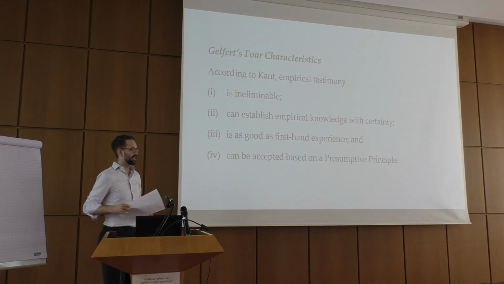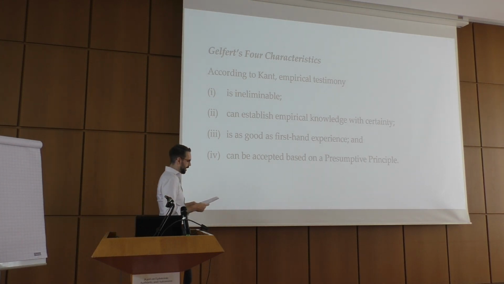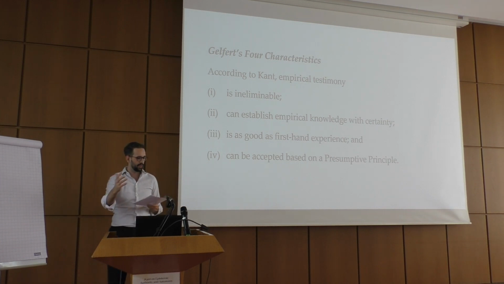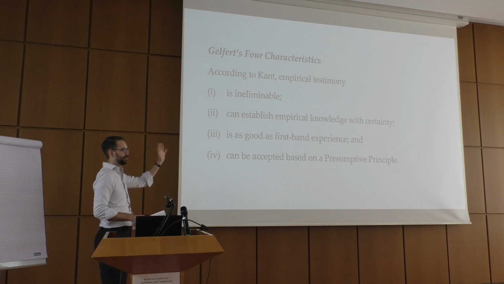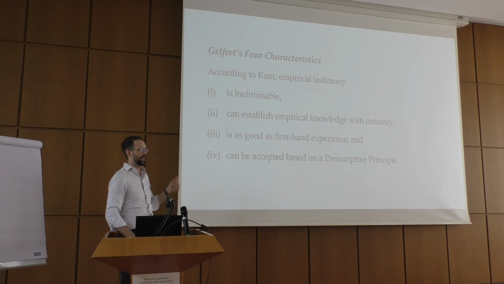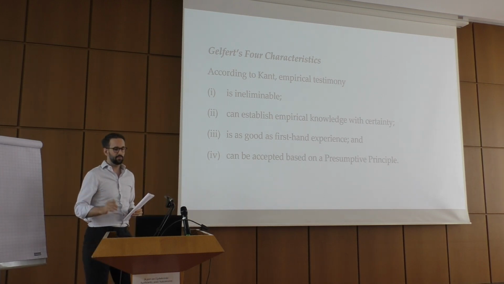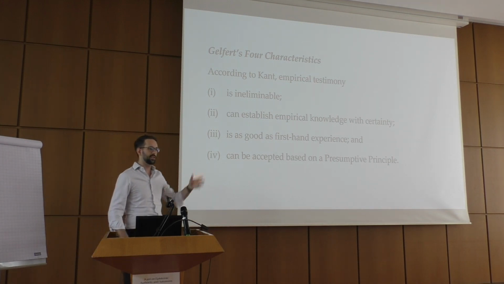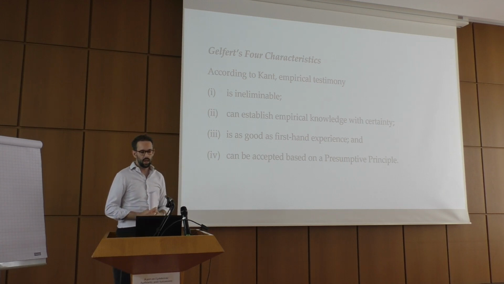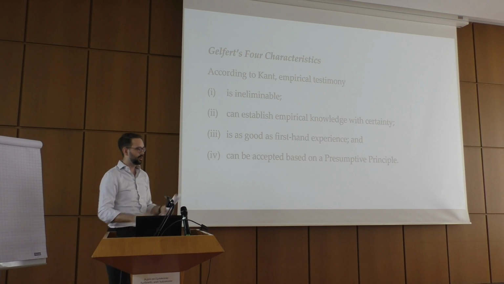So Joe takes as his point of departure Alex Galfred's seminal 4-fold characterization of empirical testimony in Kant. There seem to be these 4 features, namely that it is inalienable, that it establishes empirical knowledge with certainty, that it is as good as first-hand experience, so we get that symmetry claim, and that it can be accepted based on a presumptive principle, as you called it.